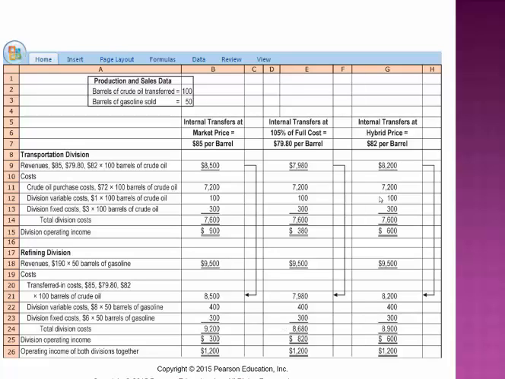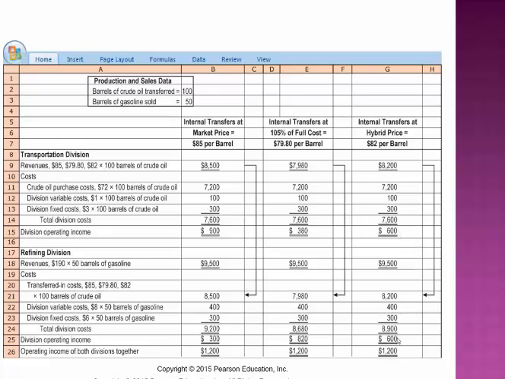On the transfer price being set hybridly, we'll talk later about different ways that a hybrid price can be determined. But in short, what we have done in this particular example in the text is taken this $1,200 for the corporate-wide operating income and divided it by 2 and made each division's operating income be $600.